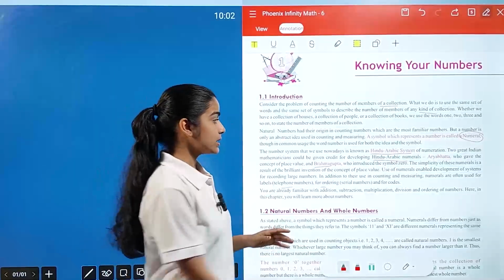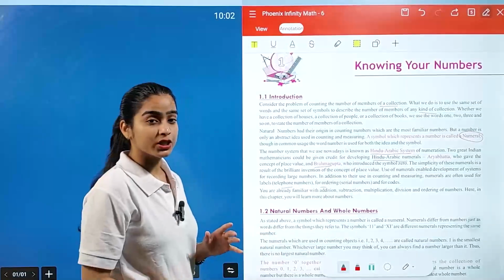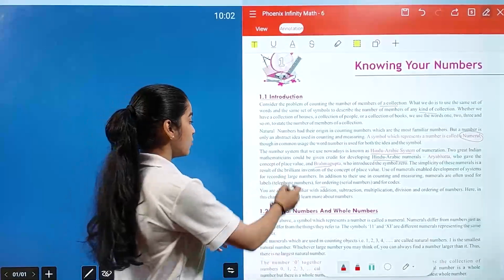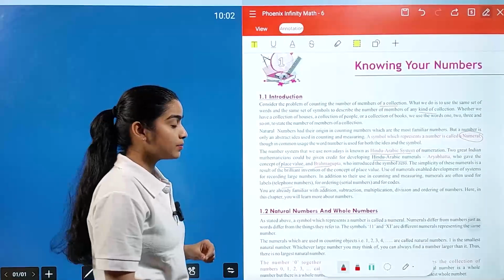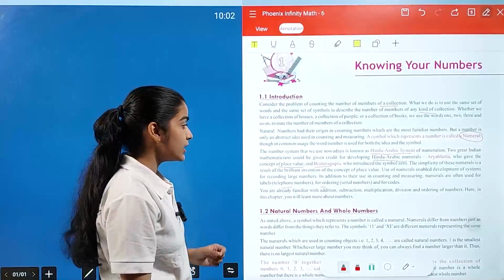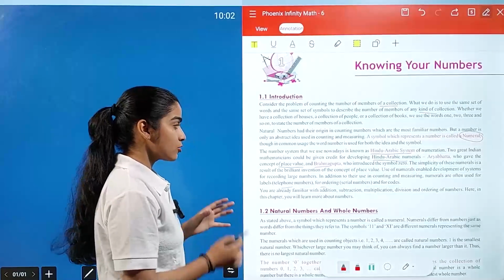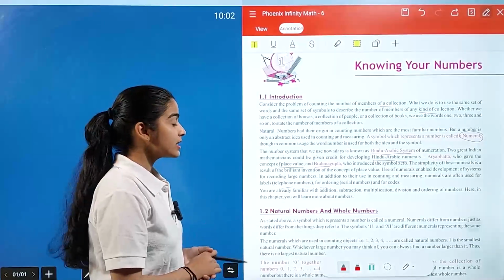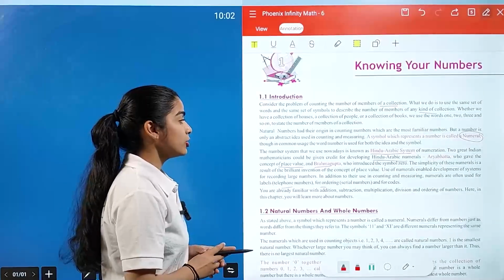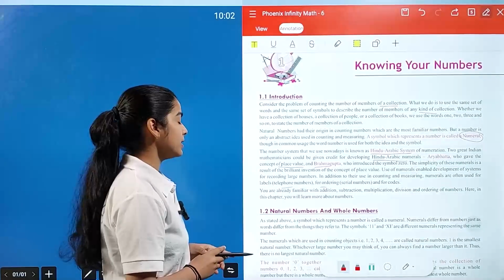This Hindu-Arabic system was originated by Aryabhatta, who originated the concept of place value, and Brahmagupta, who invented the symbol of 0. So we have these two great ancient Indian mathematicians, and the Hindu-Arabic system originated with them.